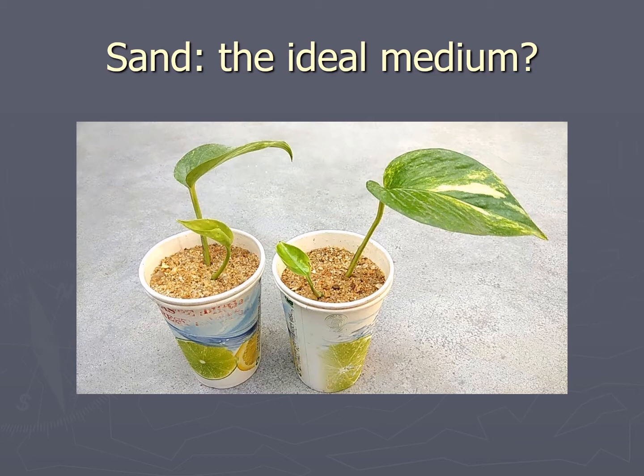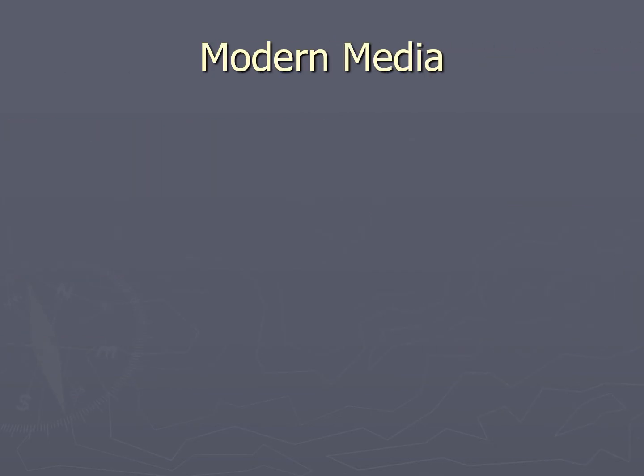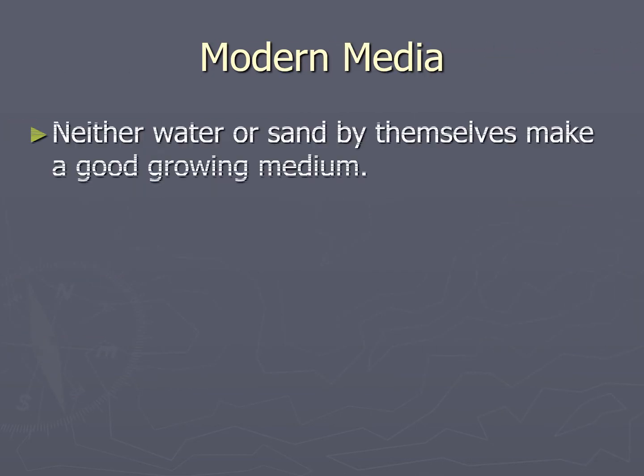We also can use sand to root cuttings, but sand makes a poor growing medium because of its inability to retain water and/or nutrients. So neither water or sand by themselves make a good growing medium.